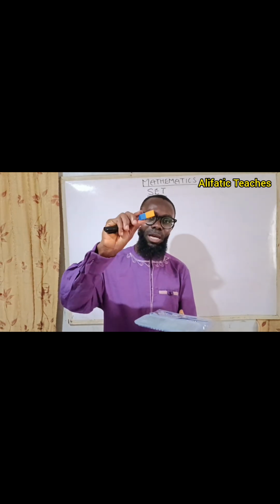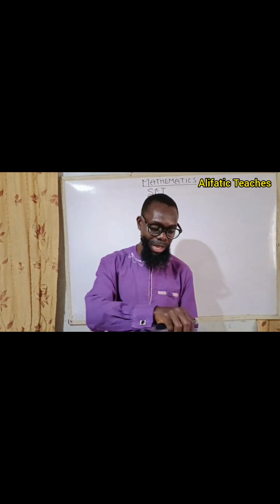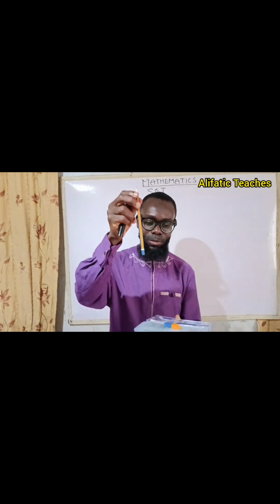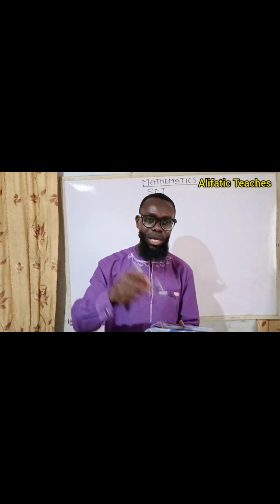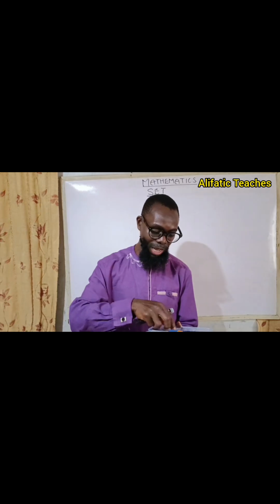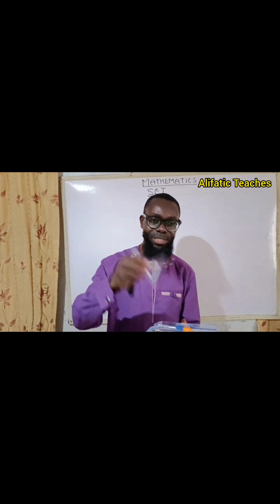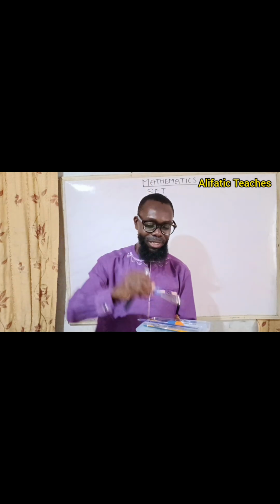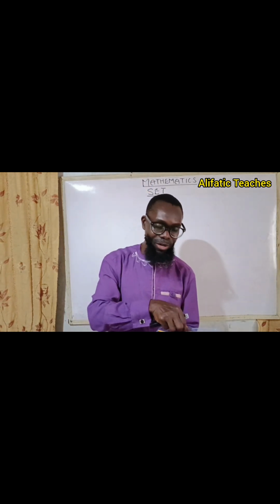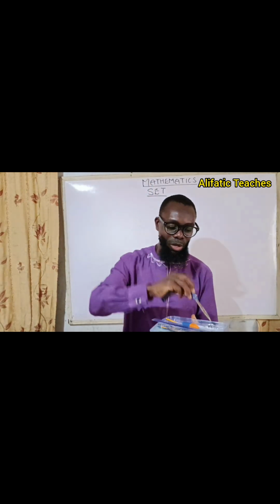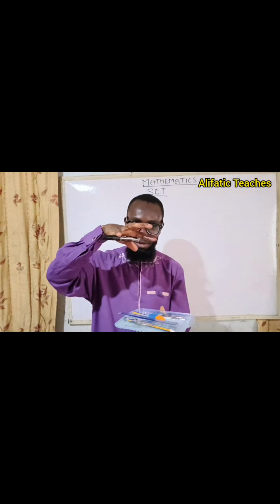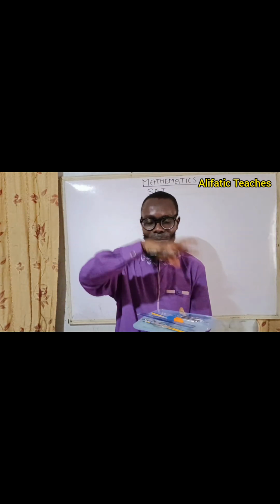We have an eraser, we have a pencil, we have a protractor, we have the T-square, we have the set square, we have the ruler, we have the compass, then we have the divider. So all these elements in this box are the members of this set.